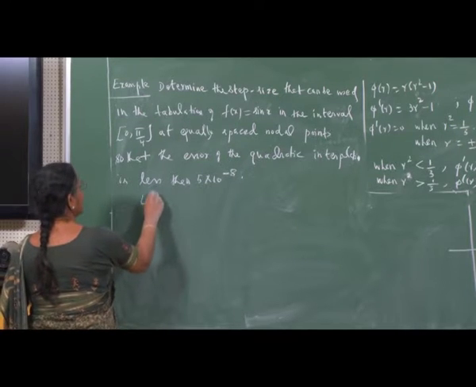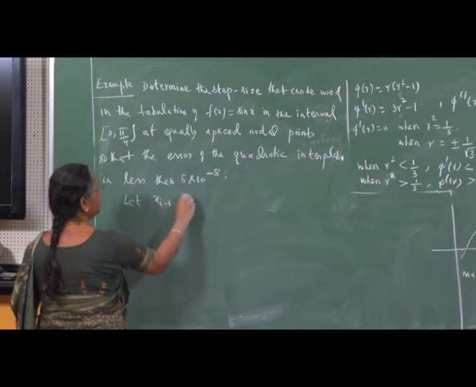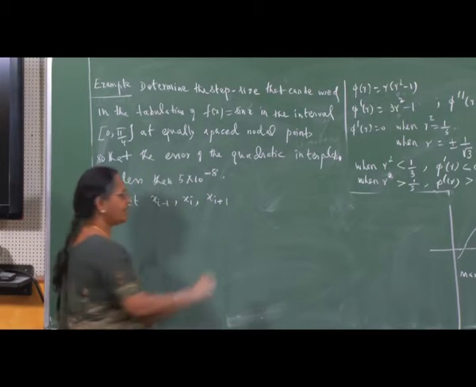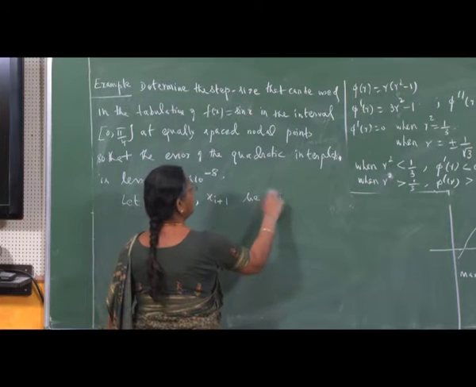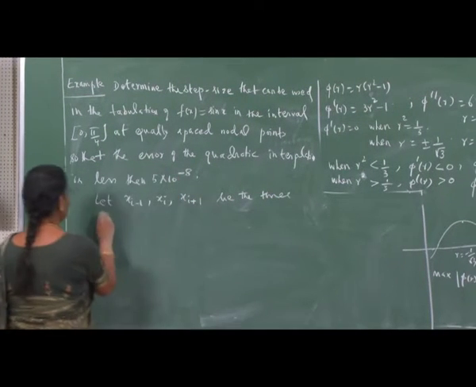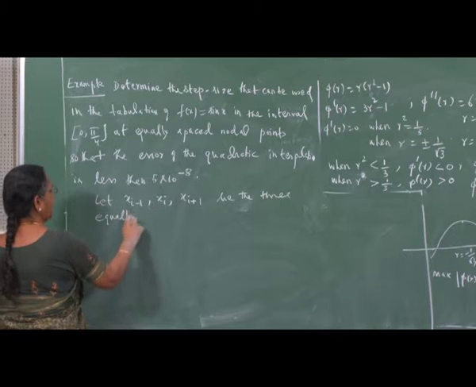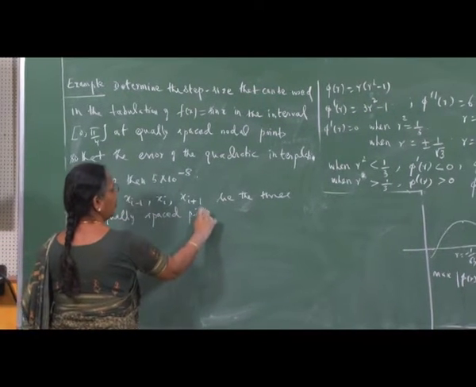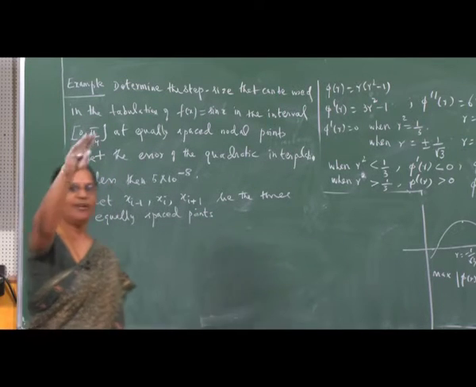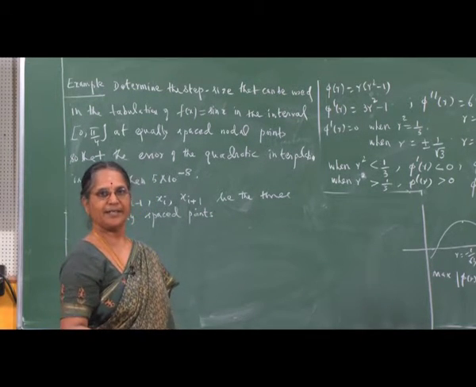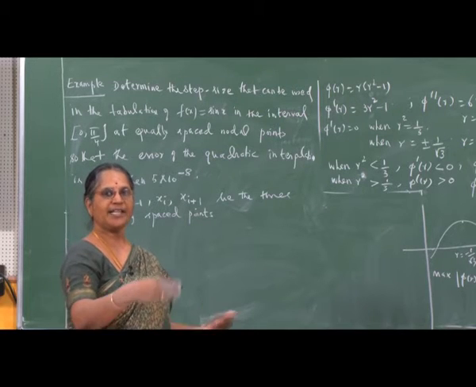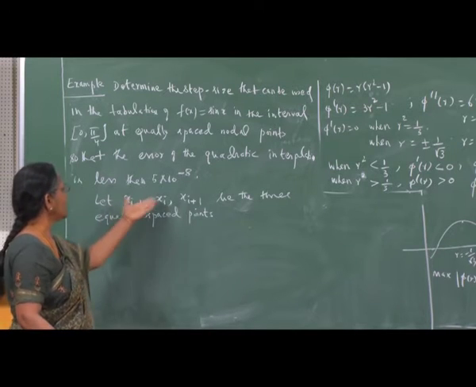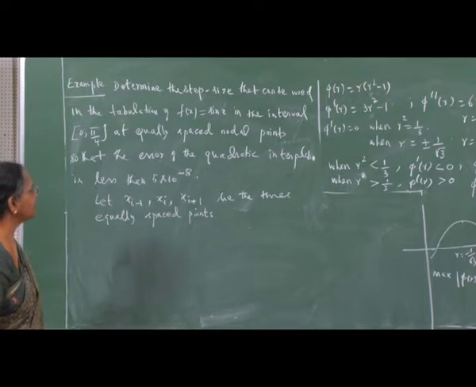So, let us take x I minus 1, x I, x I plus 1 to be the 3 equally spaced points, which we want to choose from the table of values of sin x, and then interpolate the function sin x by a quadratic polynomial that interpolates the function at a set of these 3 points.